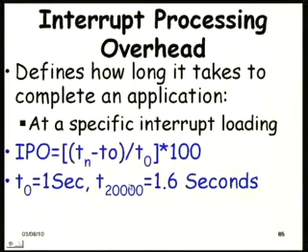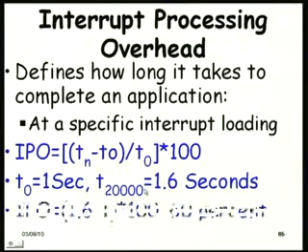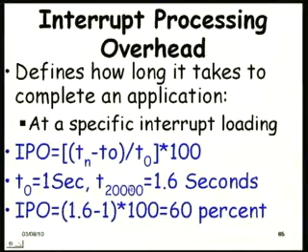And for this task, the high priority task, which is not affected by the interrupts, takes 1.6 second, then what will be the interrupt processing overhead? It will be 1.6 minus 1 divided by 1 into 100, which is basically 60%.